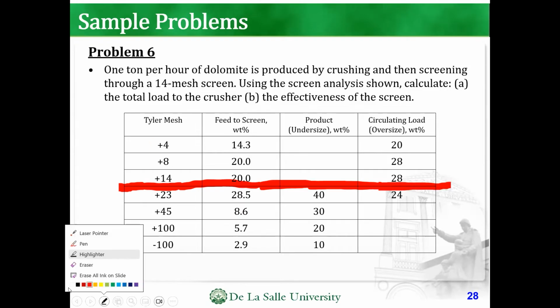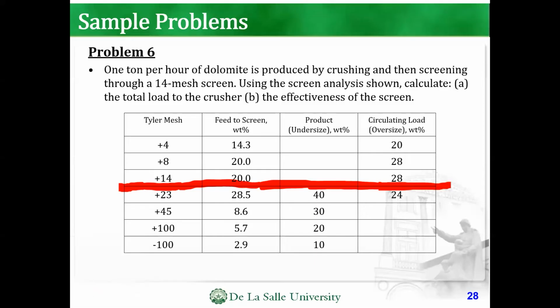Everything at the bottom passes through the 14 mesh. Since this is the feed and that's percentage by weight, I can say that this is the X fraction of the feed. Am I correct? Because the fraction on top that does not go through 14 is not part of the feed.